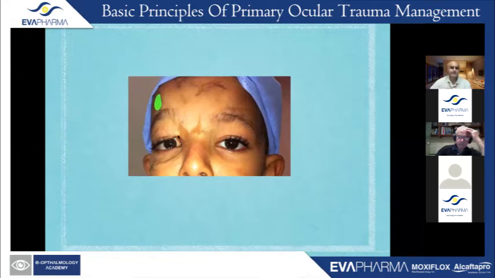Don't underestimate the upper canaliculus, because sometimes a lot of residents, a lot of us, underestimate the upper canaliculus and think that the main duct for drainage is the lower one. No, this patient has a normal lower tear duct and the upper one is cut, and you can see here a very high tear film, and he's unhappy.